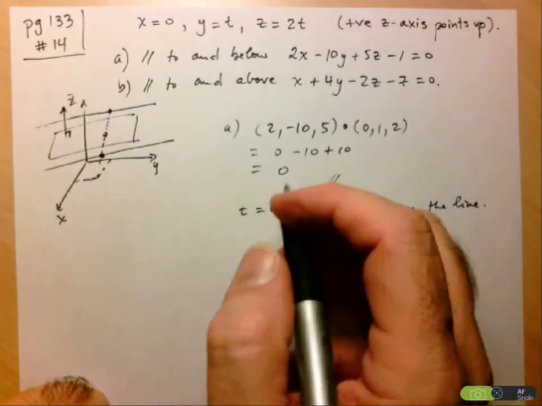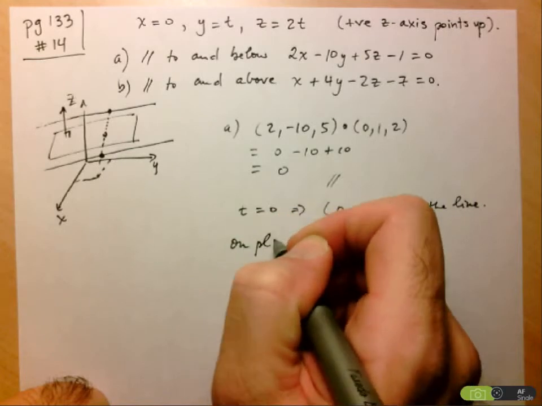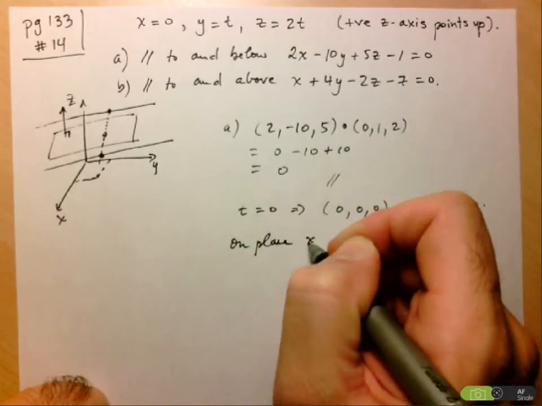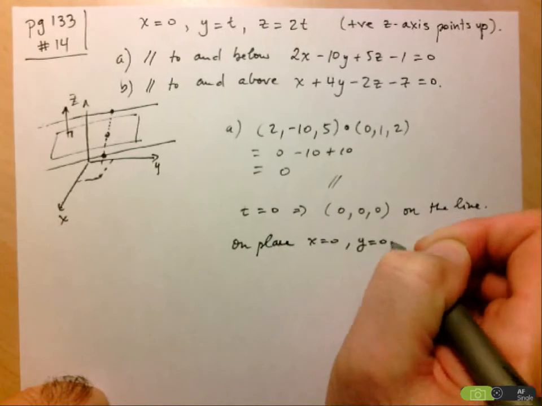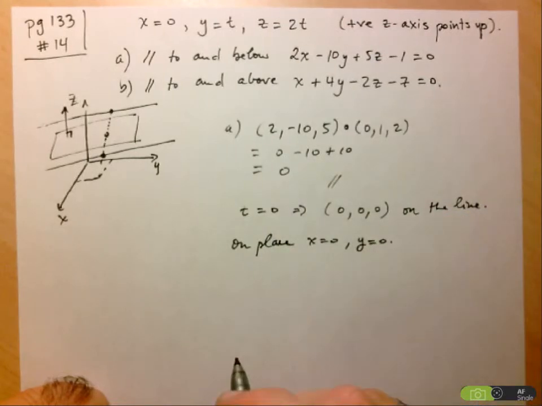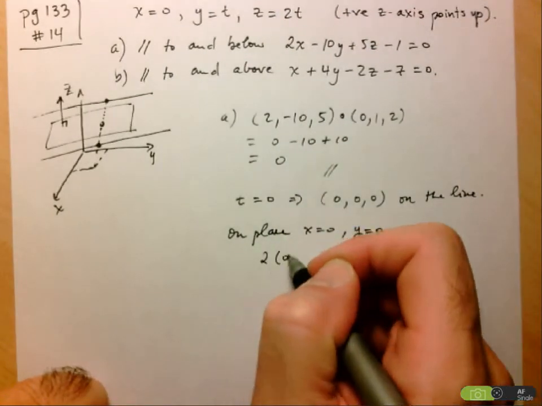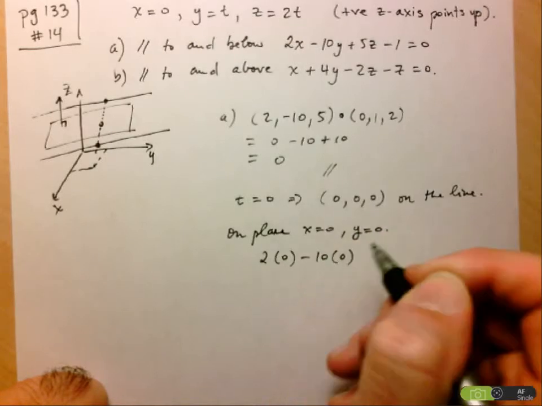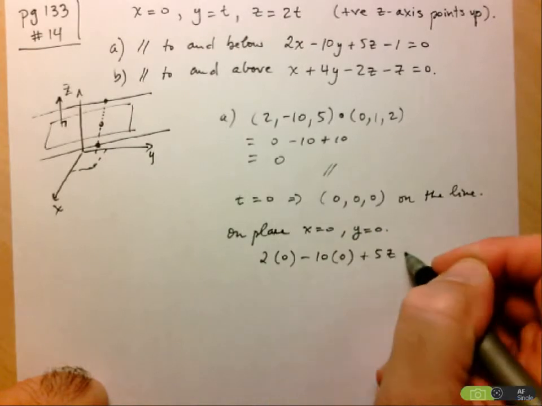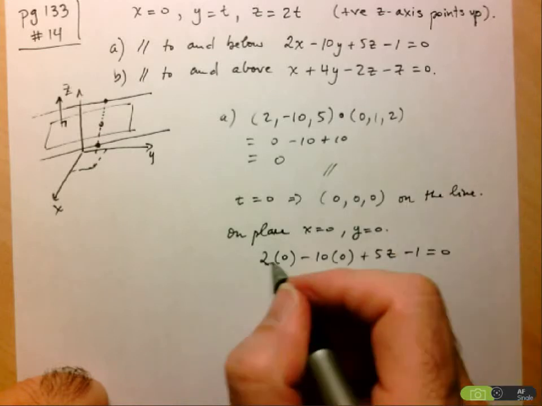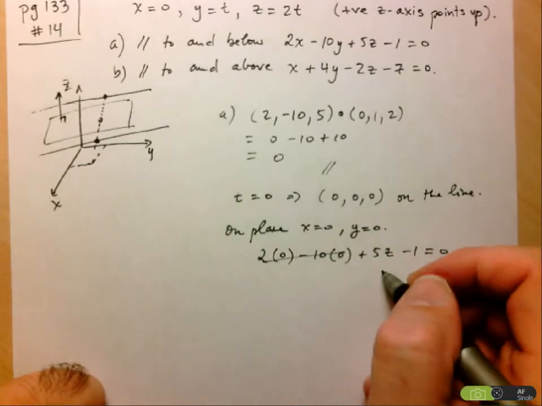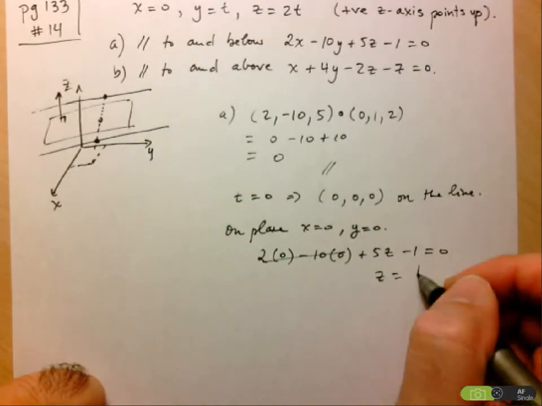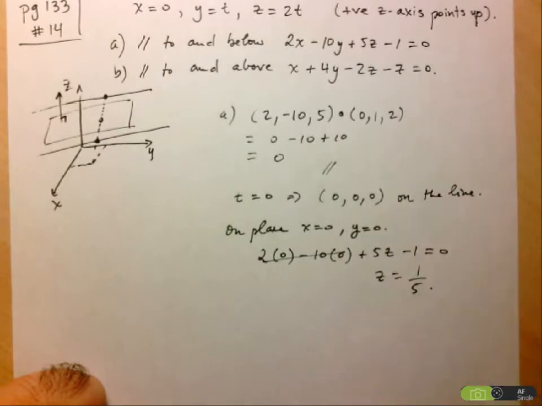So we'll replace x equals 0 and y equals 0 in the plane and solve for z. We have 2 times 0 minus 10 times 0 plus 5z minus 1 equals 0, so those just disappear, and when I solve for z, bring that to the other side, it is 1/5.